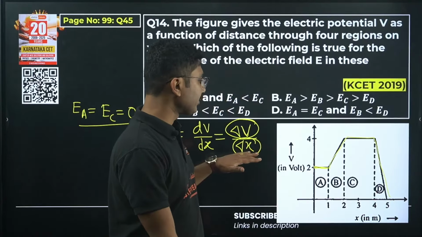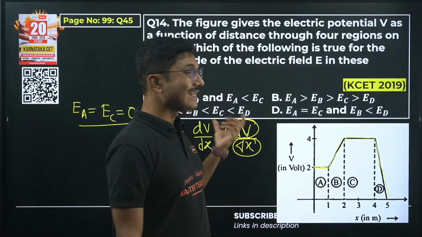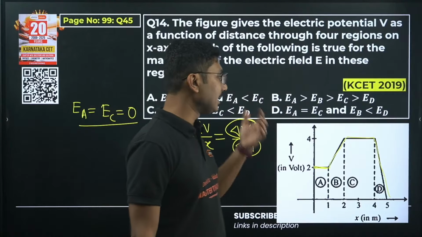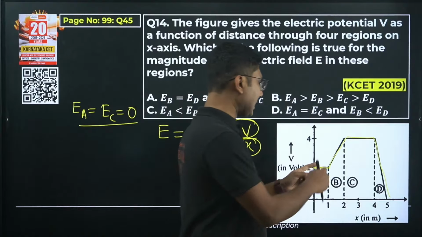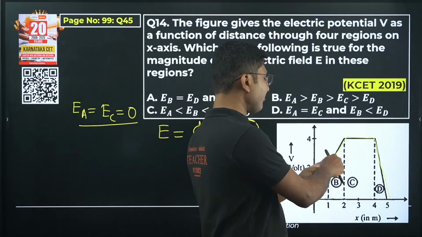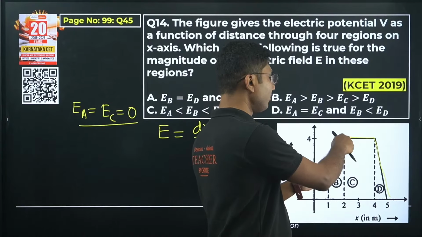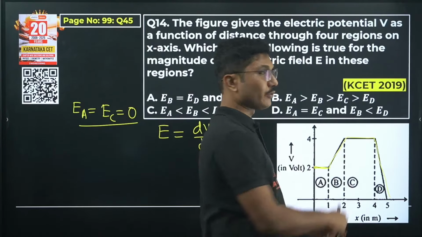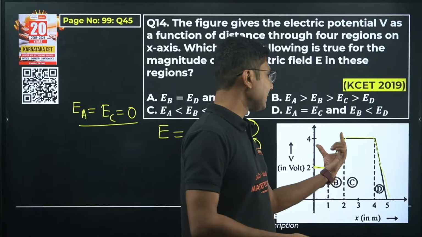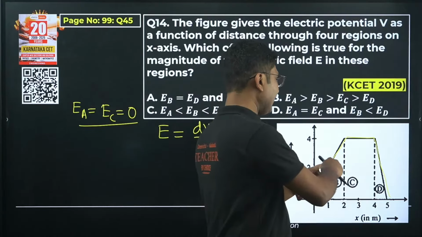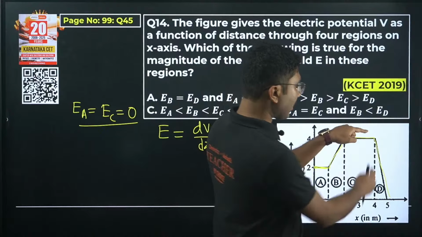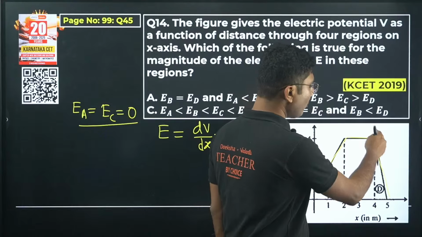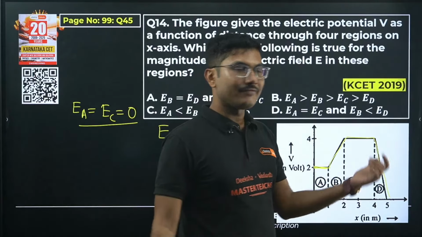So delta x is constant for both cases, so only delta V determines whether it will be more or less. For region B, V is changing from 2 to 4. What is the change? 4 minus 2, that is 2. So delta V is 2 for this case. And this one is changing from 4 to 0, that means delta V is 4.